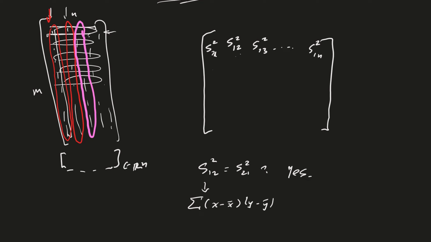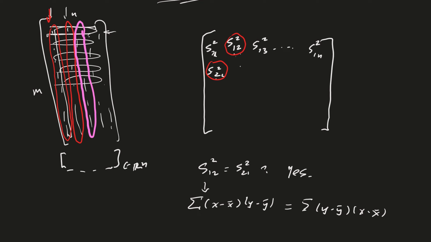And if I flip those and put the y first, does it matter? It doesn't matter. And so this would be the same thing as this. I could write it as S21 squared if I want, but I want to emphasize that this value is the same as that value, right?